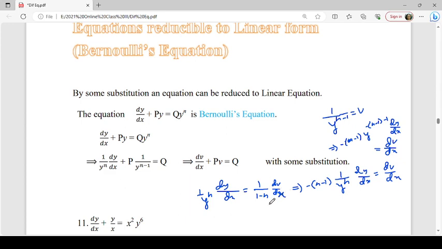Now this equation we write as 1 by 1 minus n dv dx plus p into 1 by y to the power n minus 1 is equal to q.